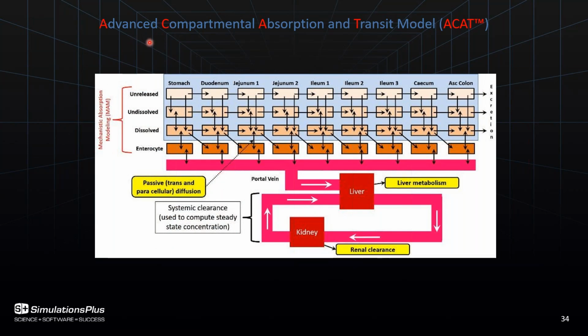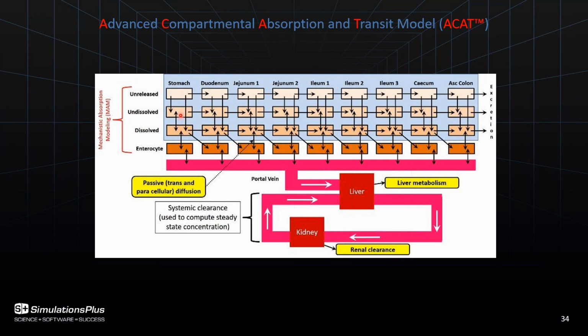This next slide shows our advanced compartmental absorption and transit model, known as the ACAT model. So here we're specifically looking at an immediate release tablet, so we don't have to worry about release of the compound. Everything's either in the undissolved or the dissolved state. And there's a series of equations that we have to solve.